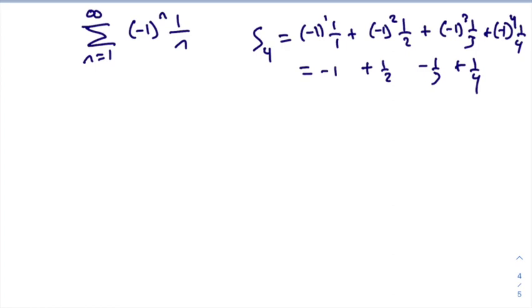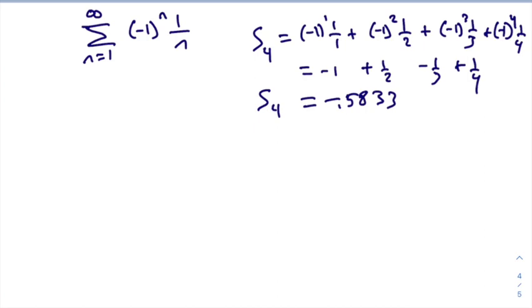All right, and we should get negative 0.5833. Whoops, I lost my negative. Negative 0.5833. So the sum of the first 4 terms, that's called a partial sum, is negative 0.5833.